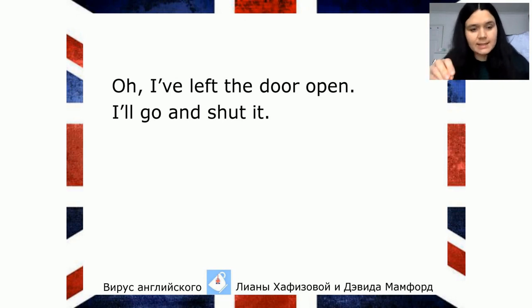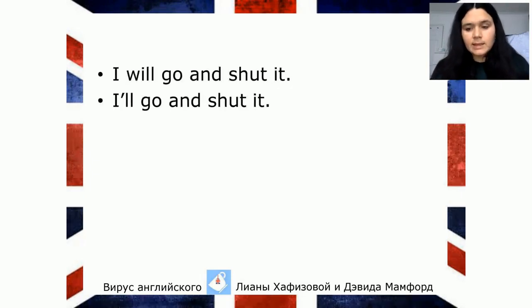If you decide about something just now while you were talking, then you need to use future simple. If this is clear, can you please put your plus on the chat? If this is clear, please react. I've left the door open. I'll go and shut it because I've just decided that. Great. Let's move to the other slide.